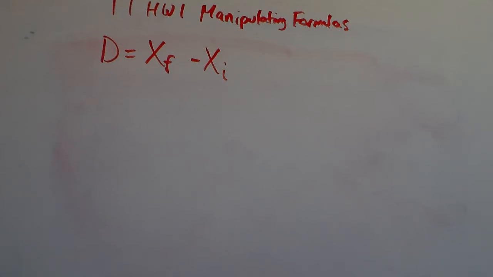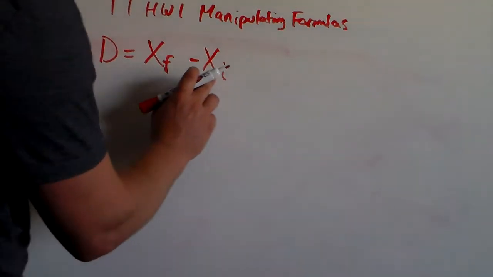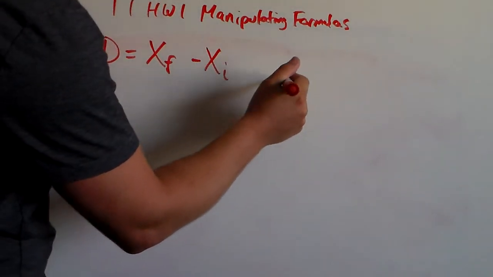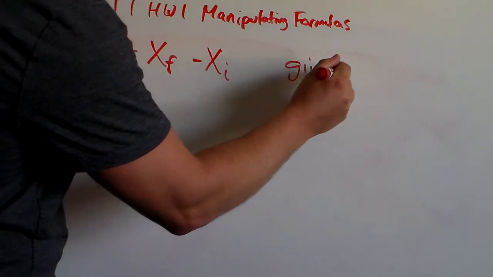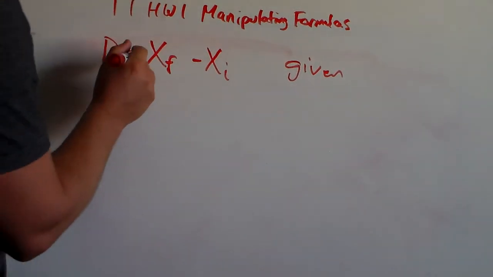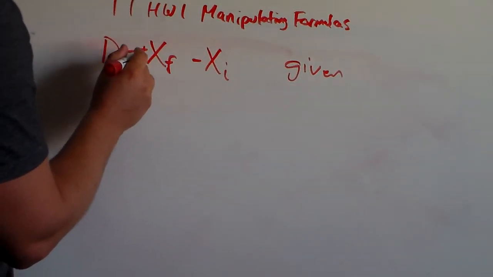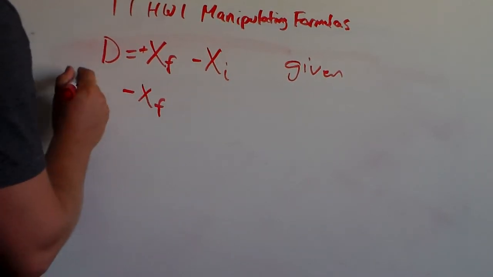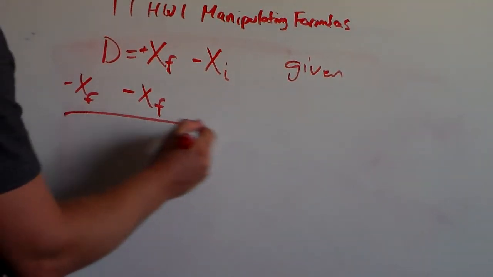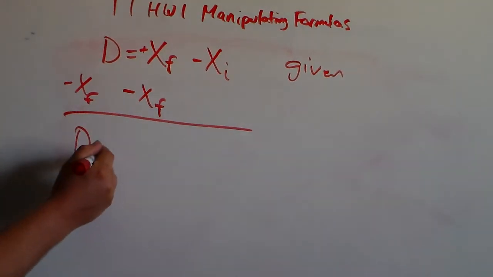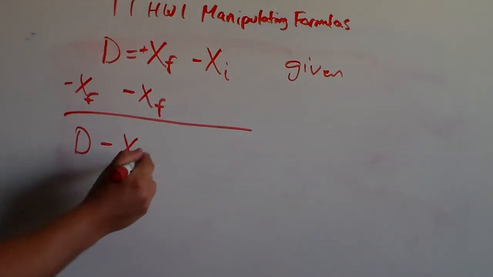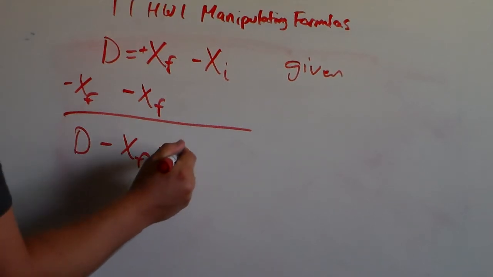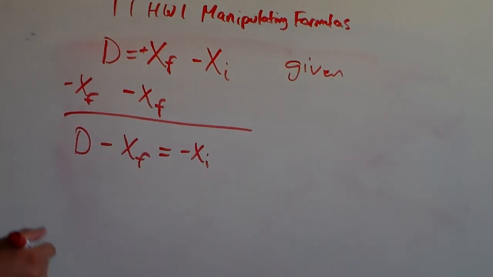Our goal is to get the xi, the initial position, all by itself. So our goal is to get this xi by itself. This is our given. So there's an imaginary plus sign in front of this xf, so we use inverse operations, minus xf on both sides. So we have d minus xf equals negative xi.